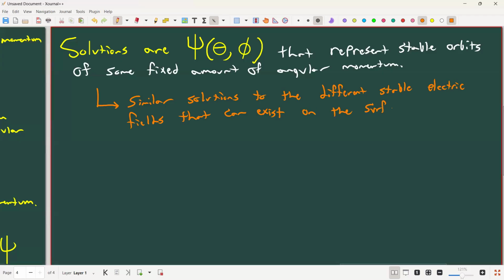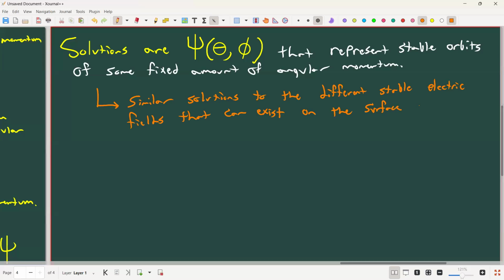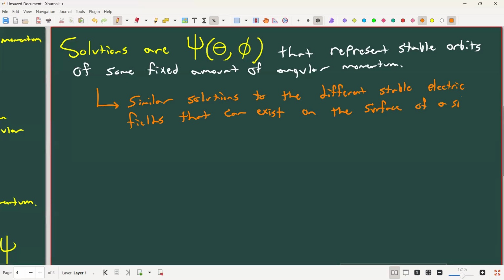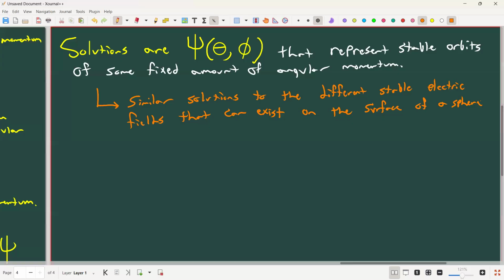So imagine you have a conducting sphere, like those balls, Van de Graaff generators. Those balls that are charged at the science museum, you put your hands on and the sparks come out of it and your hair lights up, really low current.